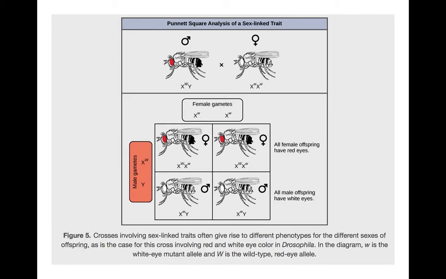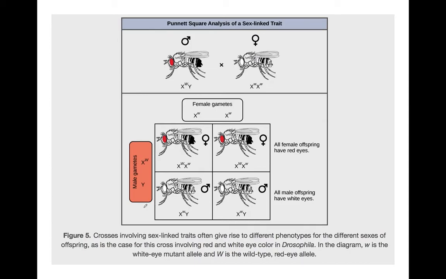The alleles made by this male are lined up here, and the alleles made by the female are right up here. Both alleles are the same. Now, when you cross them, two X's will give you females. All the females from this cross always had red eyes, and all the males from this cross had white eyes.